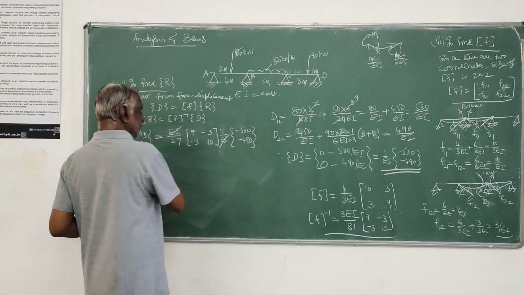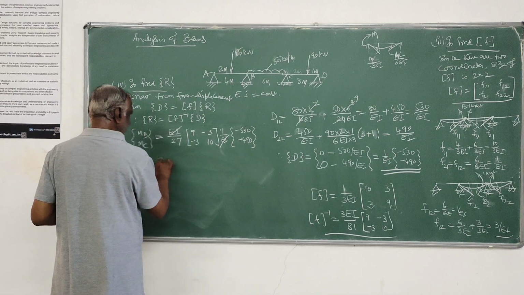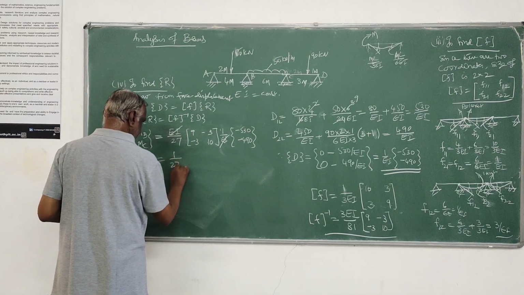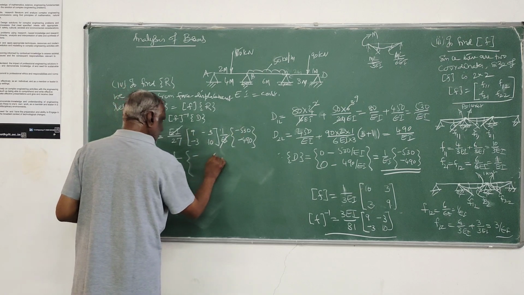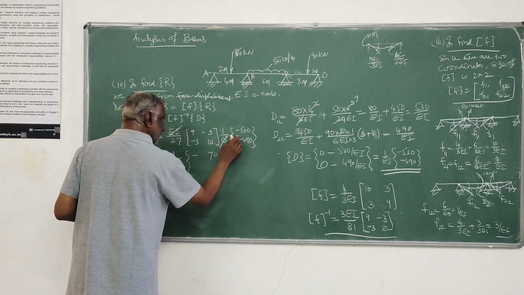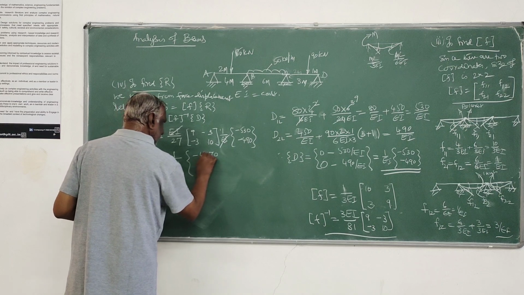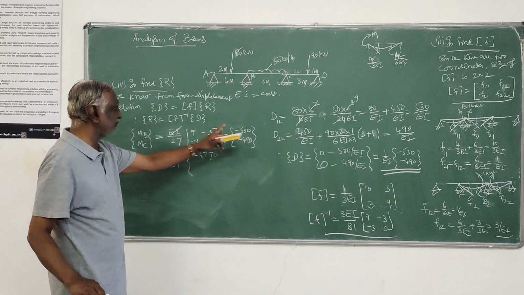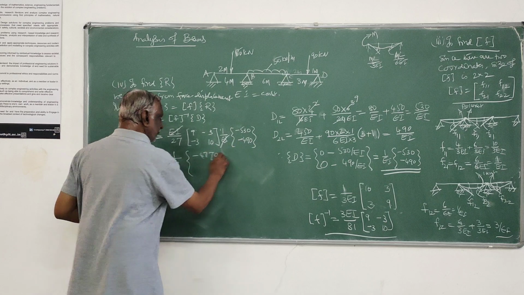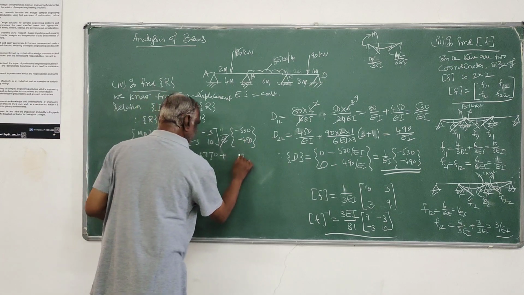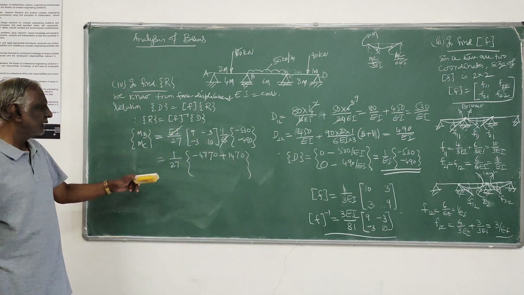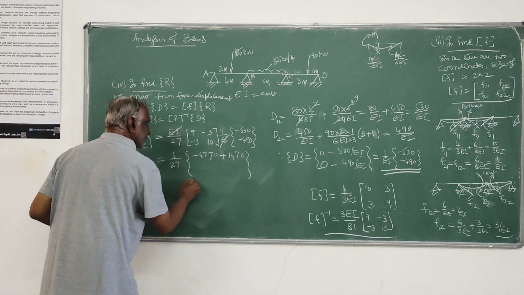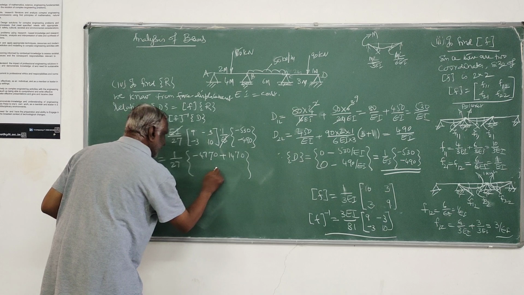So EI gets cancelled and 1 over 27, 9 into minus 530 minus 4,770, then this will be plus 3 into 490, 1470. And here it is minus 3 into minus 530.